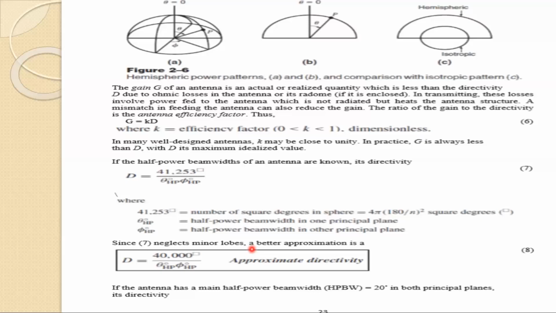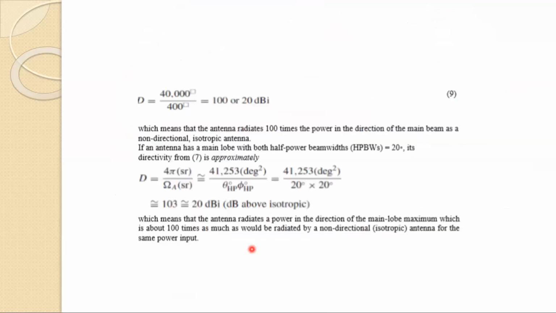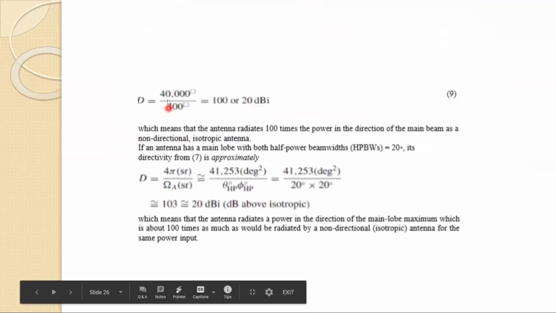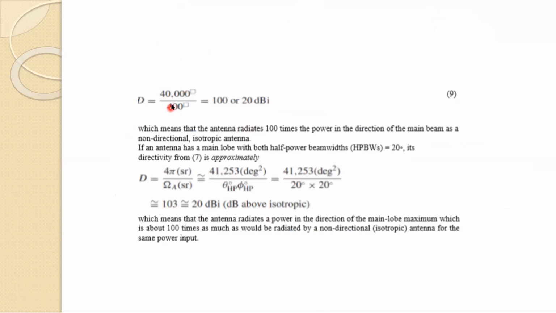Calculate directivity D equals 40,000 divided by theta half power times phi half power. So 20 times 20 is 400. The answer equals 40,000 divided by 400, which equals 100.